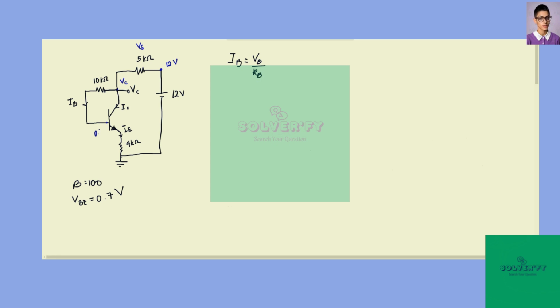Now, the voltage across the base resistor is the voltage across the 10 kilo ohm resistor, and that is equal to the voltage at node C minus the base-emitter voltage VBE, over 10 kilo ohms.